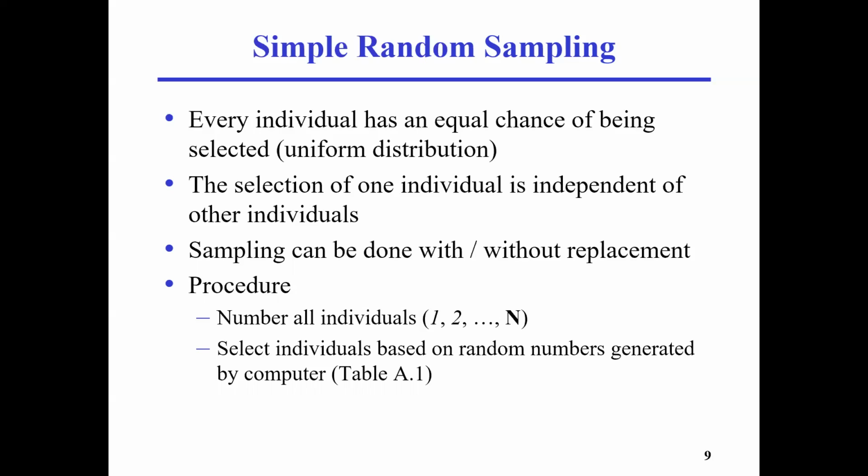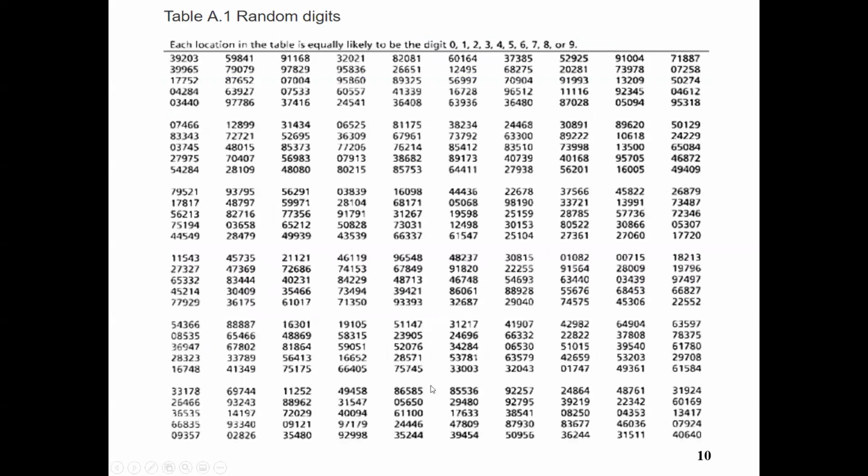But if you know some computer science, you know that it's not possible even for a computer to purely and randomly produce a number. But it's better than human beings, right? So we have something called a random numbers table. If you look online, there are a lot of them. And here in the textbook, we have table A1.